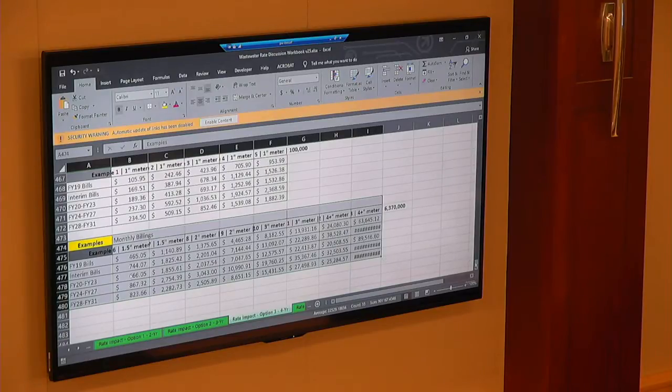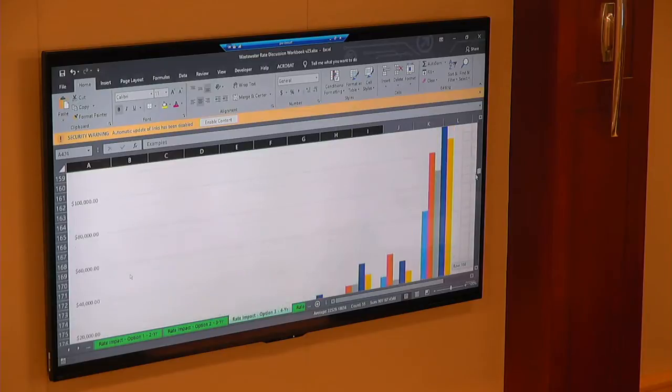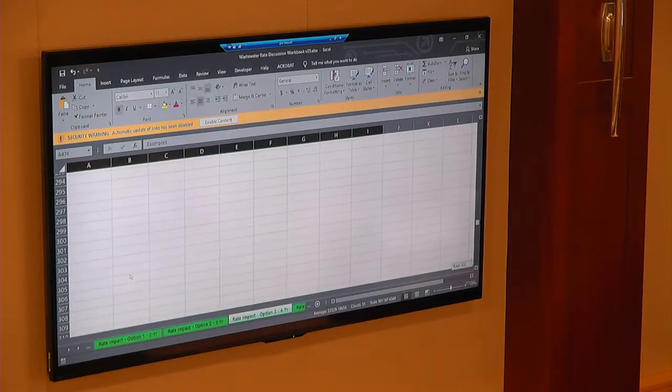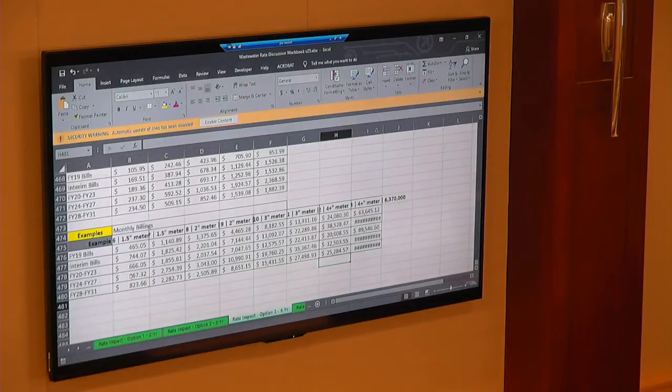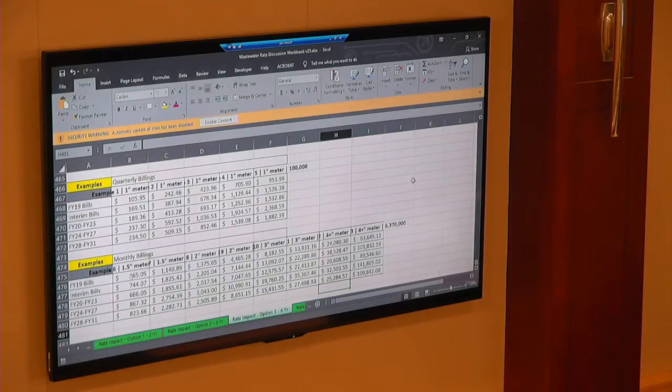So the chart you just had, if you could go back a second, just so we can look at numbers instead of the graph. Can we just look at that a minute and give us a minute to absorb that? Even though you say these are monthly billings, these numbers are annual, correct?